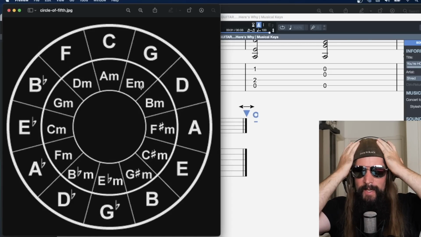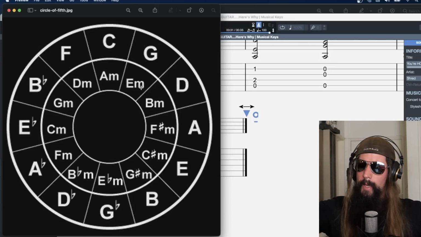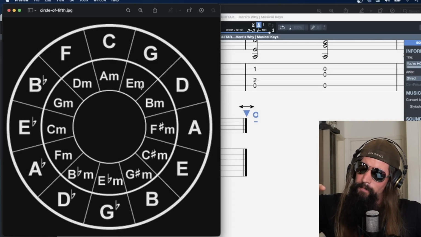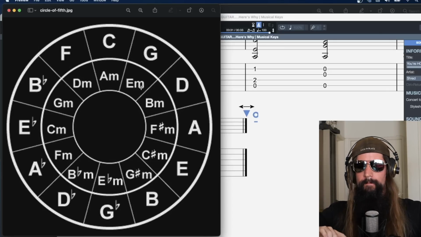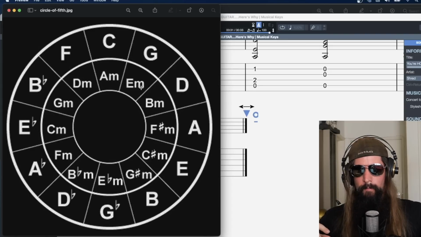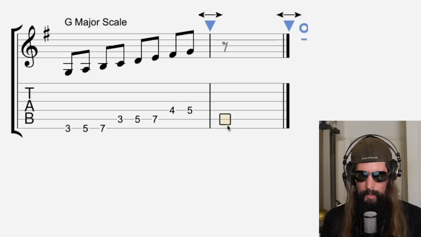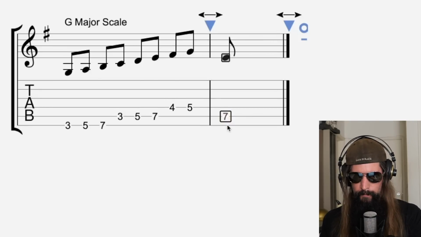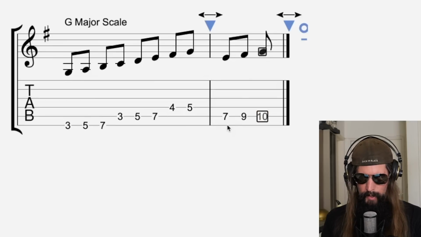This is crazy. Hurts my mind to do this. But you have to at least try. G, backwards, F, and then one more, E, right? So I went backwards in the alphabet to find the relative minor. Where are we gonna play this one? Let's go up to 7. Let's try it here. 7, 9, 10.